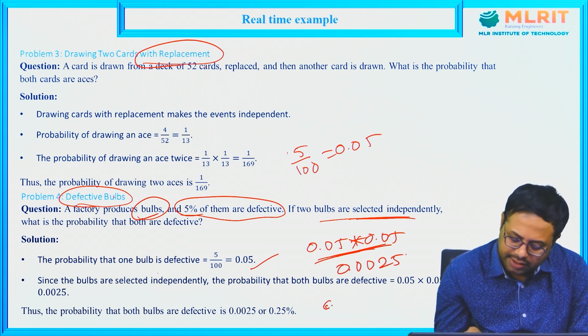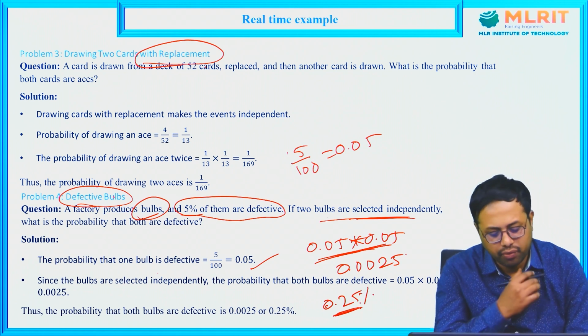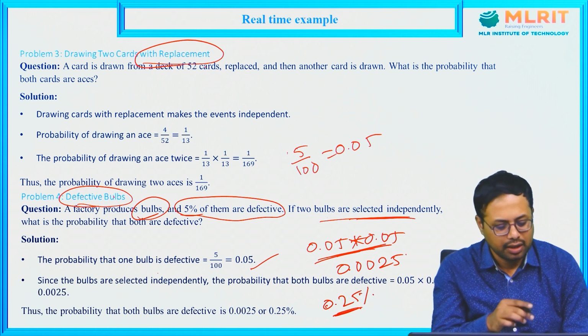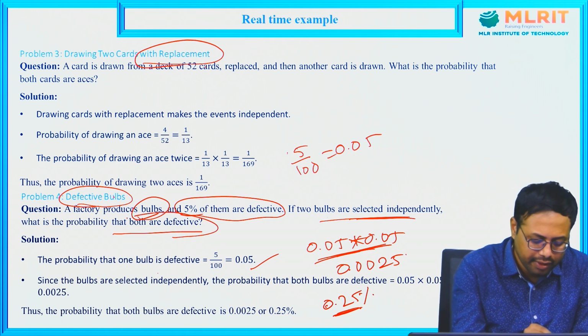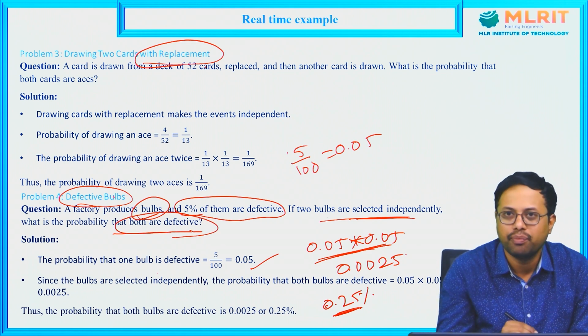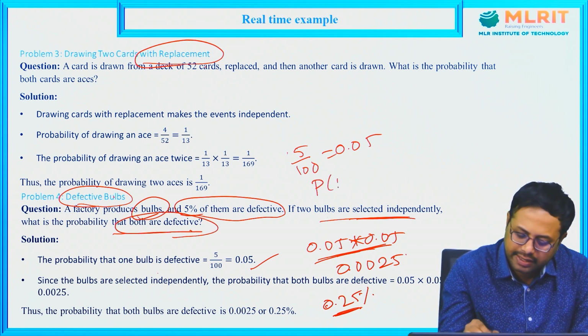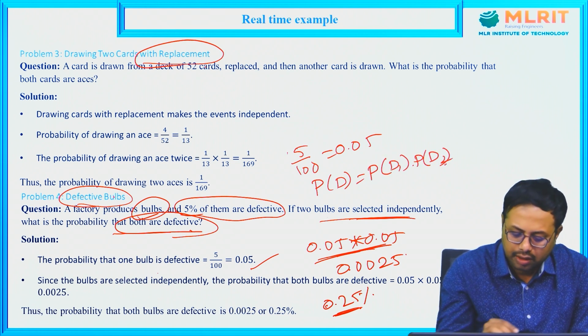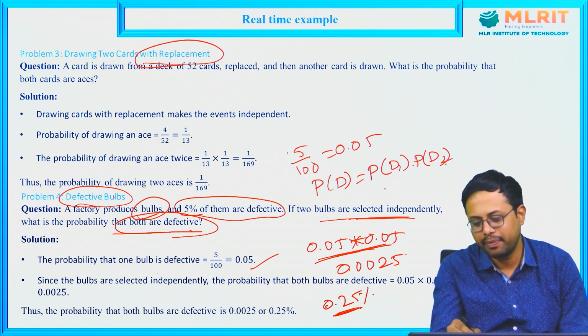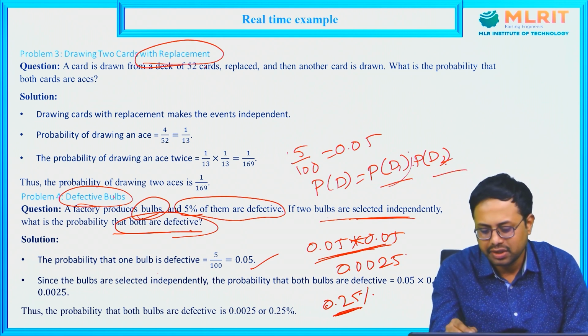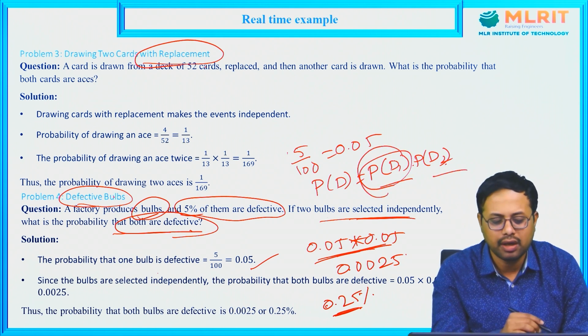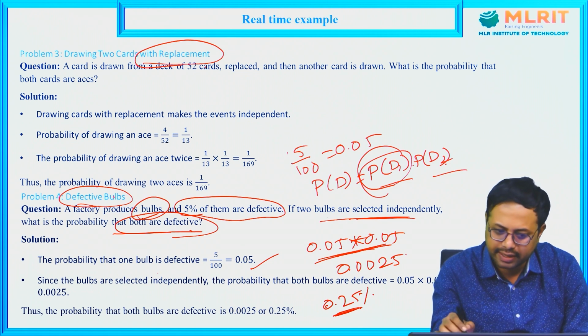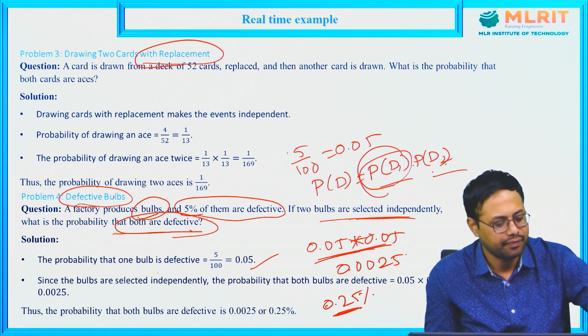That is the probability that both are defective. First one is defective, second one is defective. Both are independent because you are replacing the bulb again.